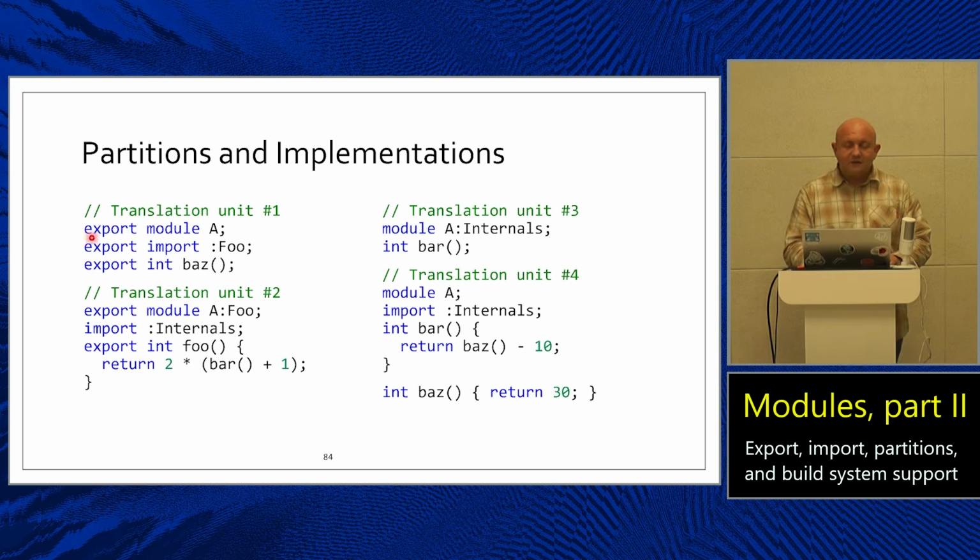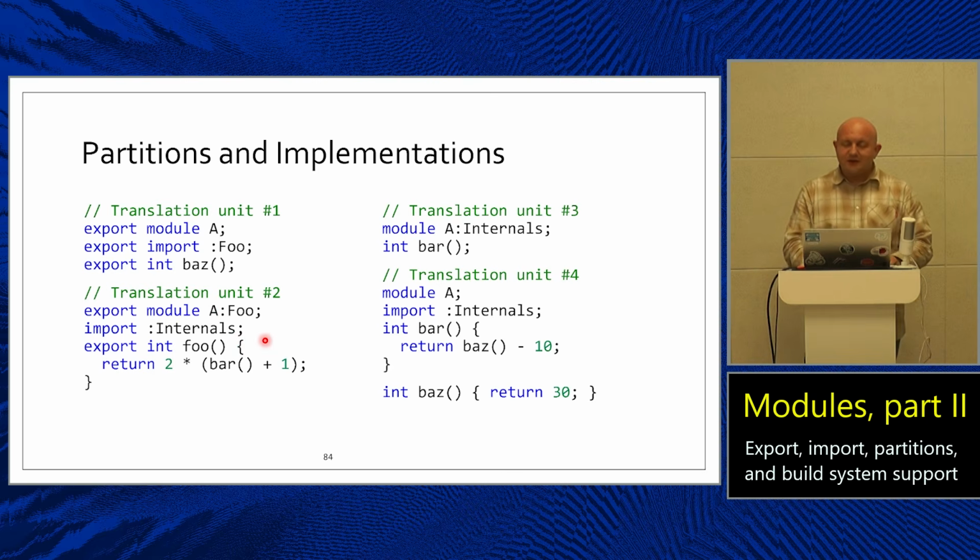We have one top-level module A. A exports a partition foo. Then that partition itself imports another partition, which is internals.